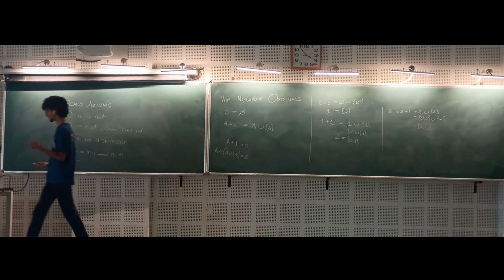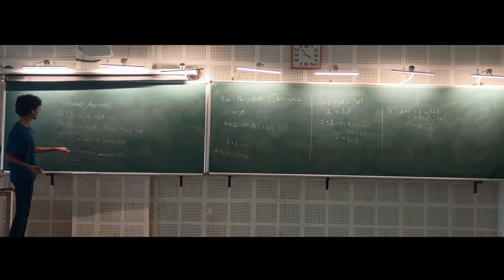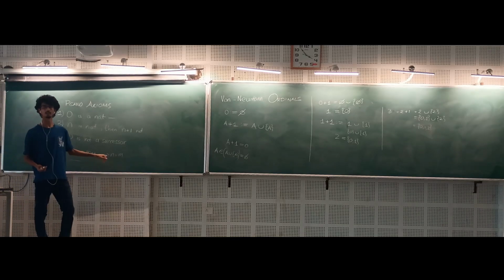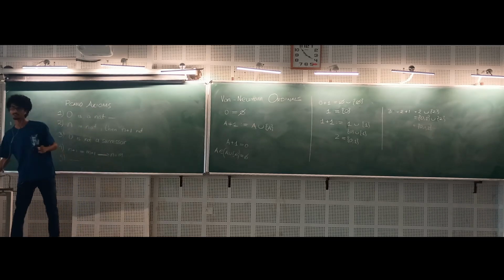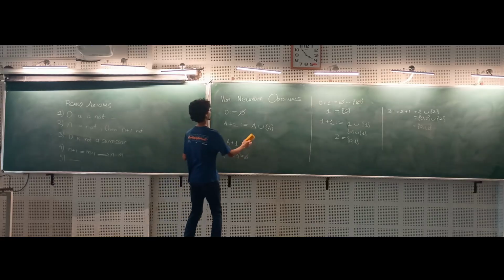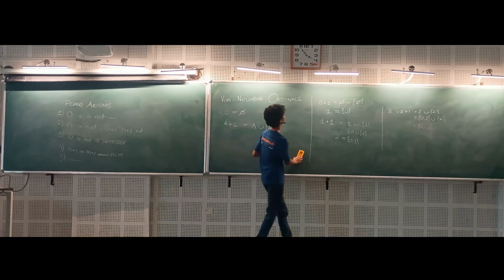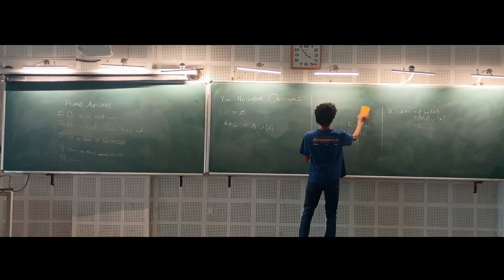You can give a similar very short proof that if A plus 1 equals B plus 1, then A has to be B. Do you want to try that? Okay, guide me through, I'll start writing.